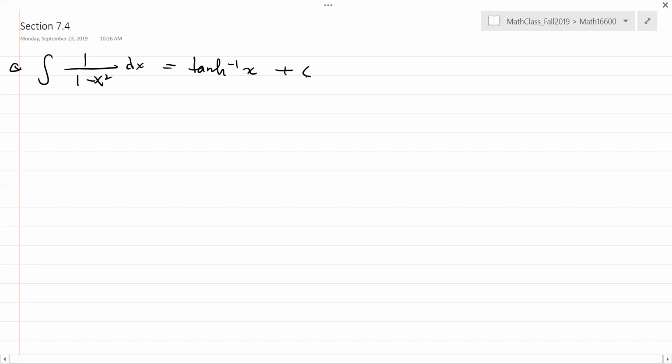But on the other hand, the inverse hyperbolic tangent of x is going to be this function. There is another elementary expression for the inverse hyperbolic tangent of x.